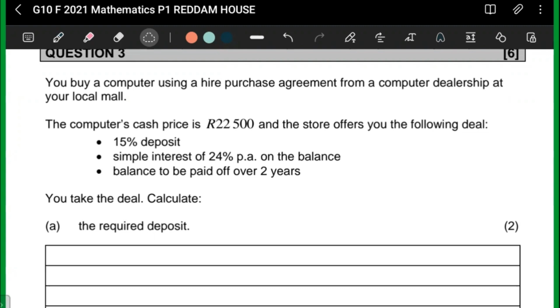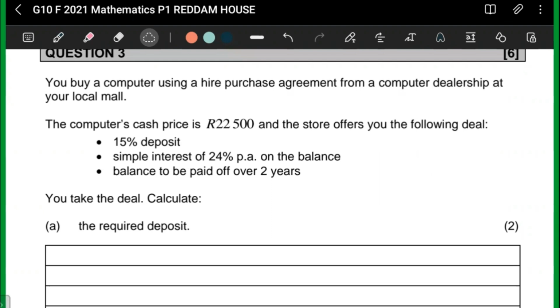It says here, the computer's cash price is 22,500, and then you deposit 15%, and the simple interest is 24% per annum on whatever the balance is, meaning whatever is left after you pay the 15%.